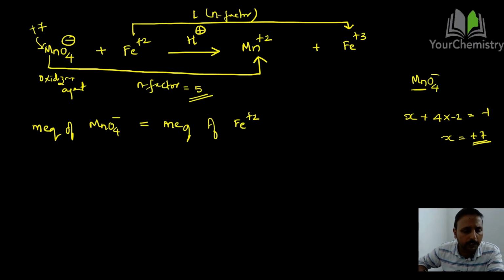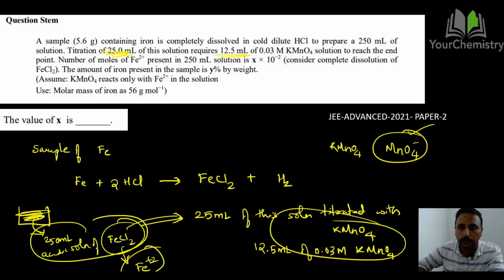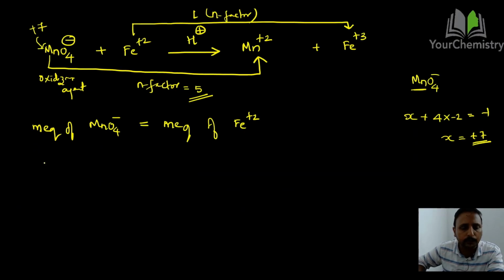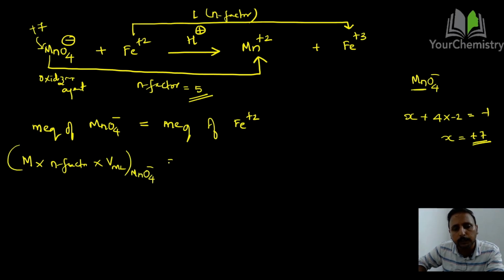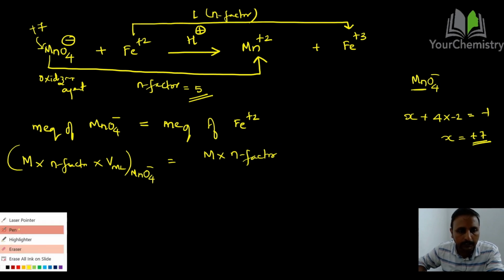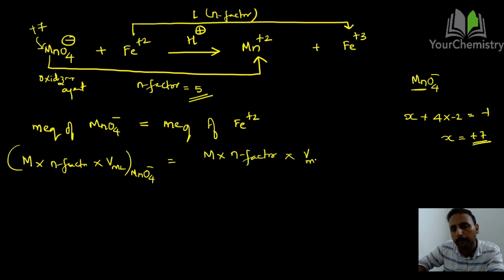Which equation I choose depends on the data given. In the given question molarity and volume are given, so I will choose molarity into N factor into volume in ml. The milli equivalence of MnO4 minus must be equal to molarity into N factor into volume in ml for Fe +2, right?